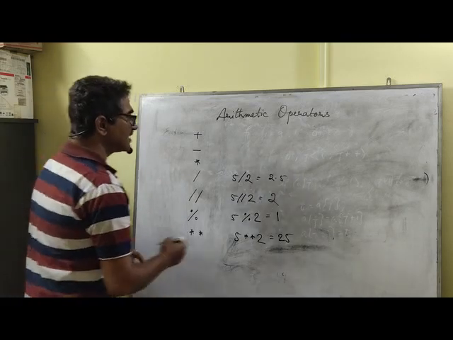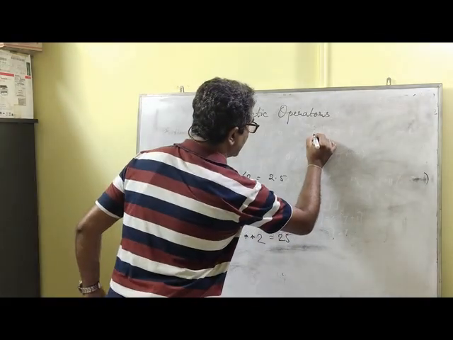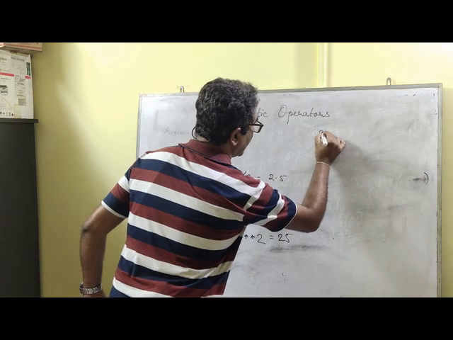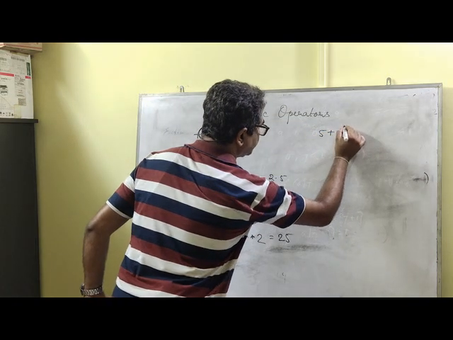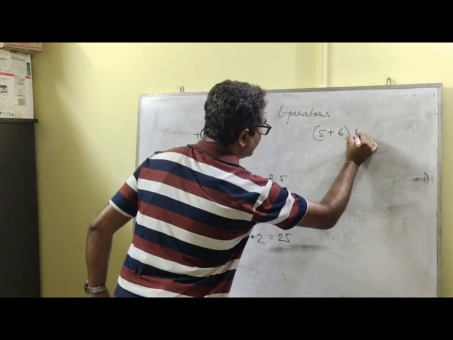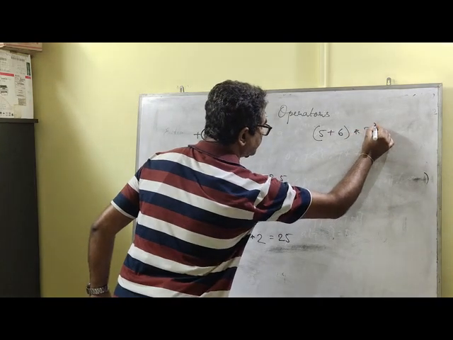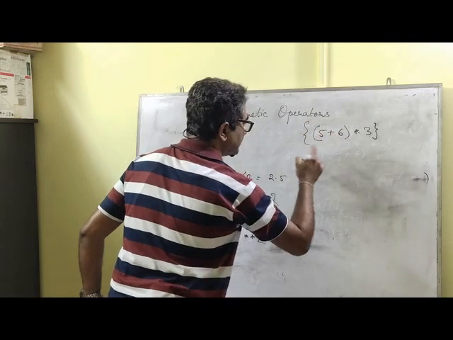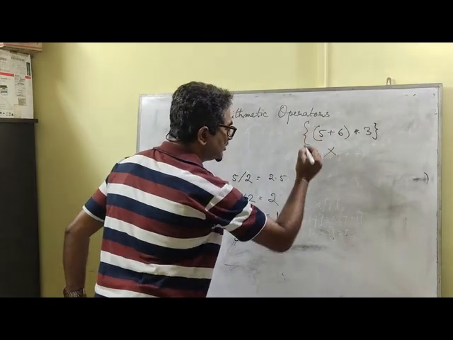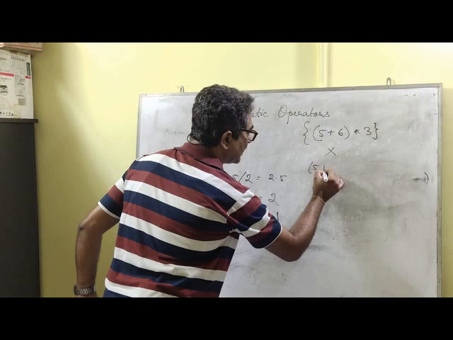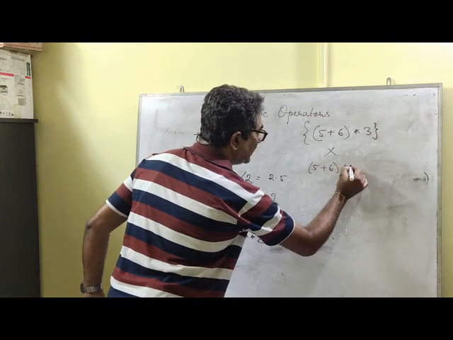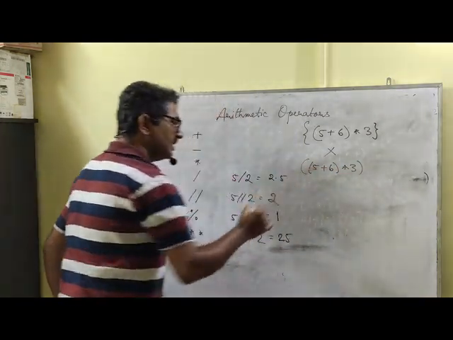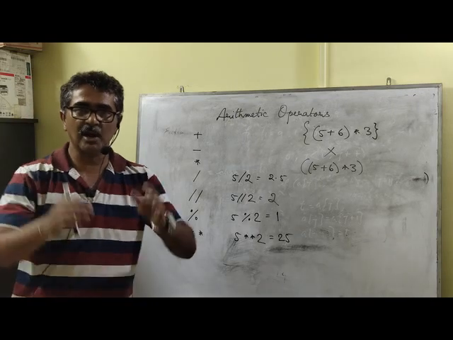For example, suppose I have something like 5 plus 6 within a bracket, multiplied by 3. Now, unlike mathematics, we will not use something like this. This is incorrect. So how do we do this? We are going to write 5 plus 6 into 3, and even this should be enclosed within the first bracket itself, that is the rounded bracket.